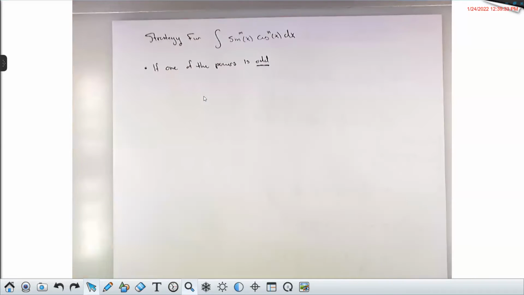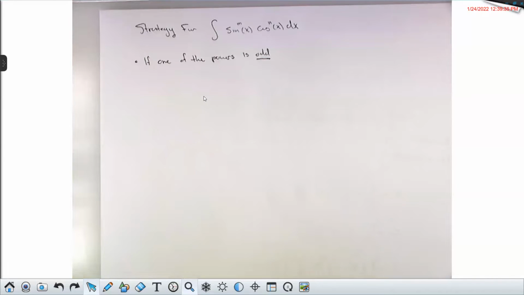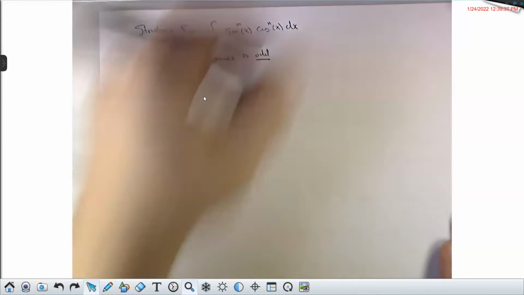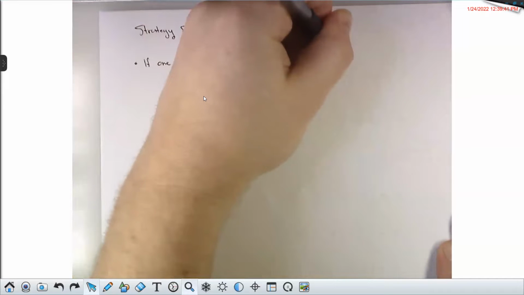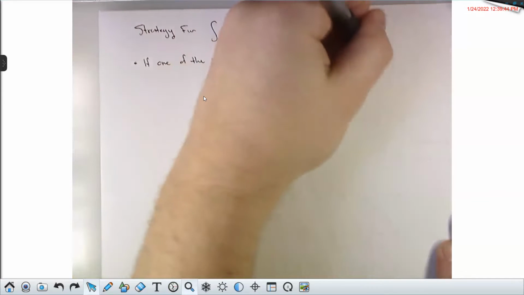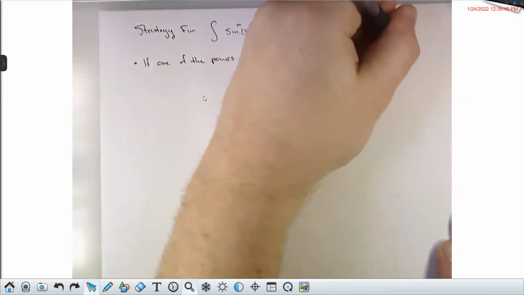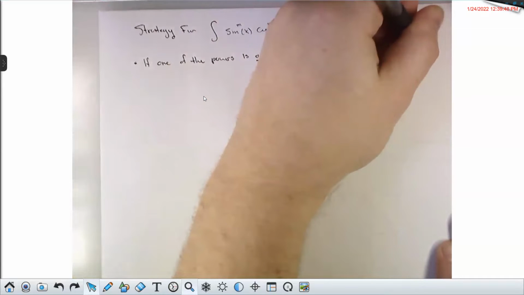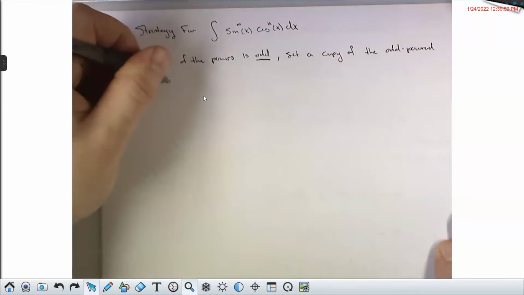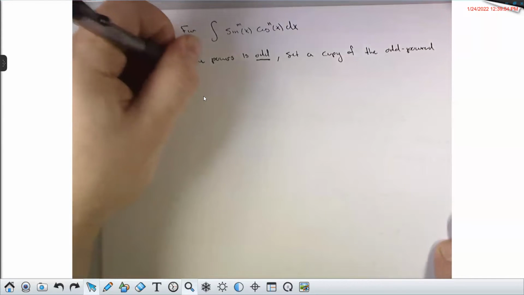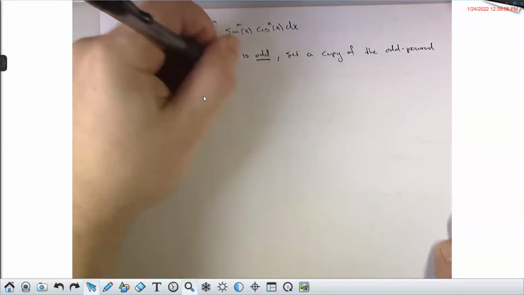If one of the powers is odd, either one or both, set aside a copy of the odd powered function with the dx at the end.